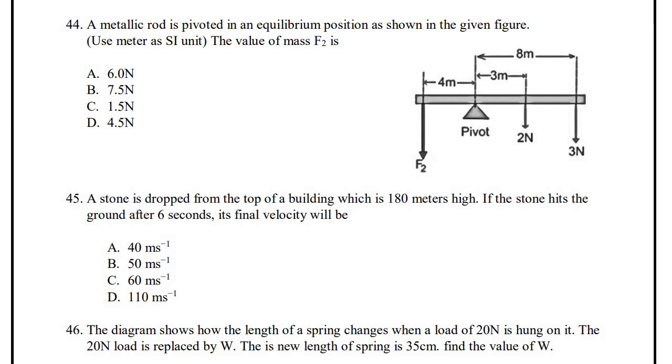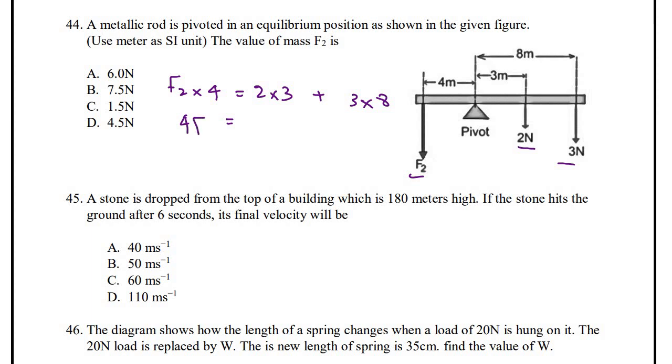A metallic rod is pivoted in equilibrium position as shown, and we have to find the value of force F2. So as we can see, these two forces will produce a clockwise torque while this will produce the anti-clockwise torque. So F2 multiplied by 4 will be equal to 2 multiplied by 3 plus 3 multiplied by 8.